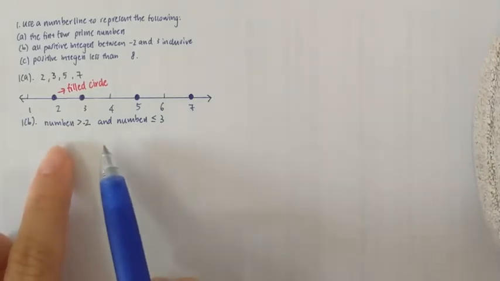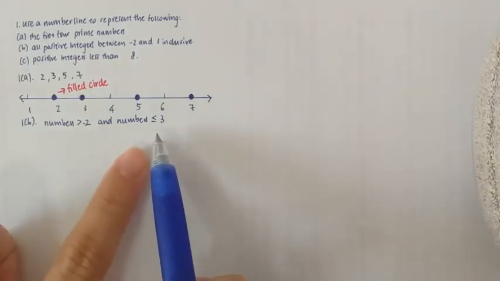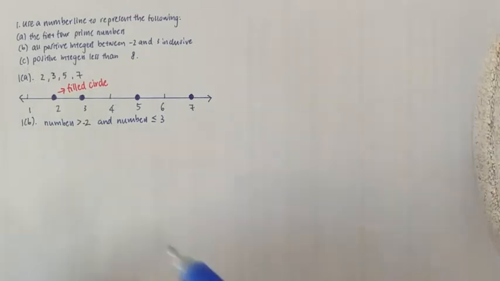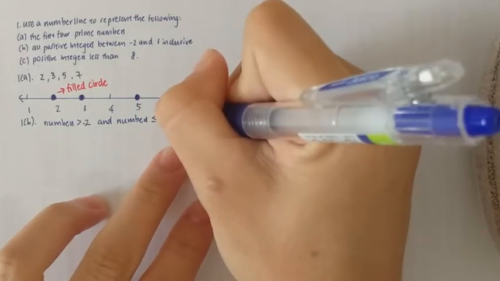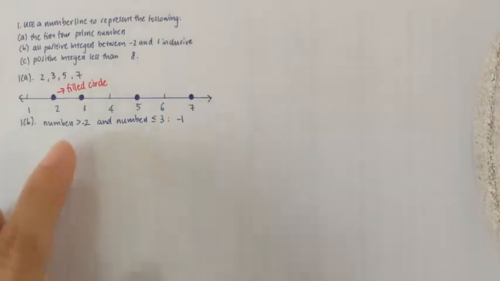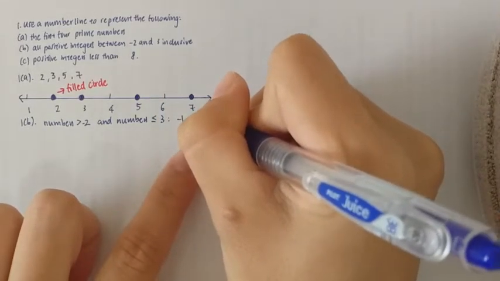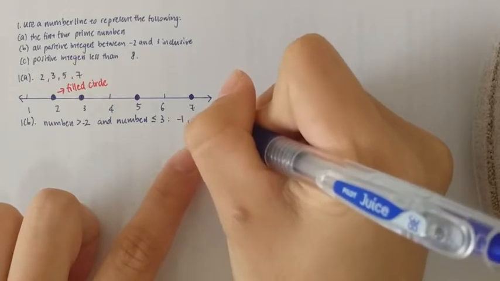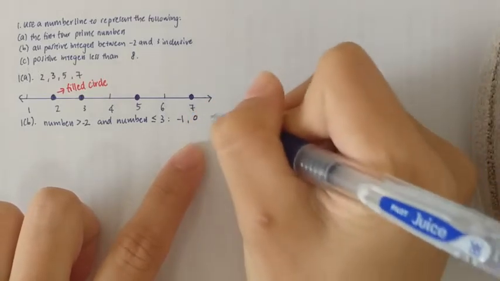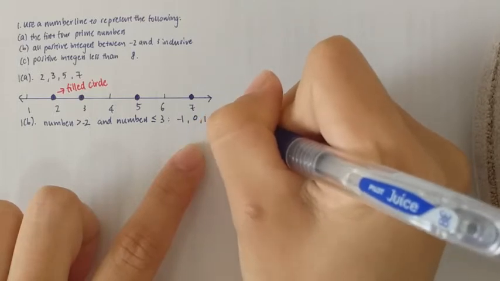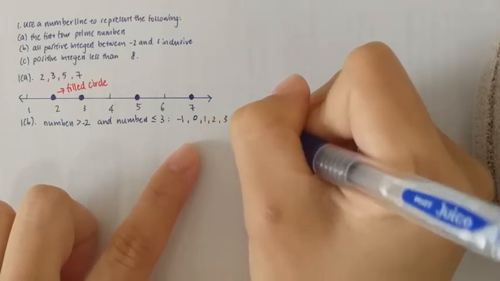So what are all the numbers more than -2 and numbers less than or equals to 3? They are -1 because -2 is not included, 0, 1, 2, and 3.